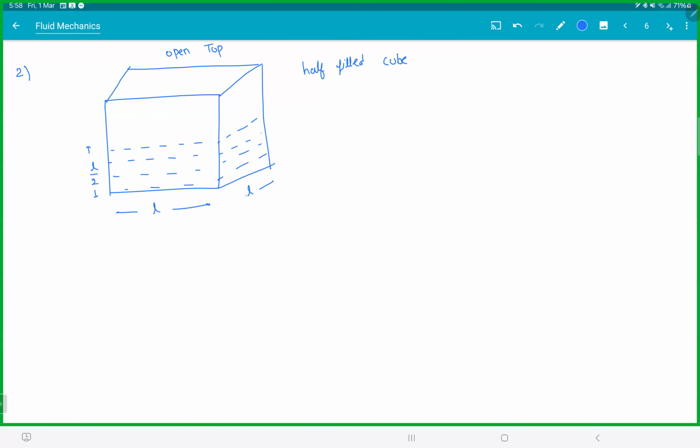This is L. This is L. This is L. So the side of the cube is L. The contents are accelerating with A. Draw the shape of the liquid and find the amount of liquid spilled outside.